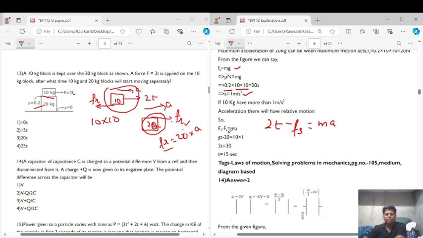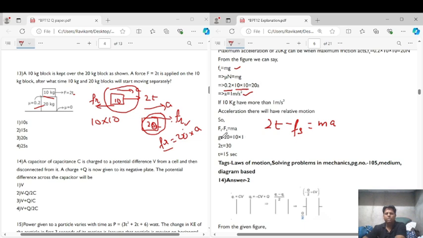So putting the values, 2T minus 20, as we calculated here the friction is 20, equals m into A, where A is 1 meter per second square and m is 10. So m into 1 is 10.